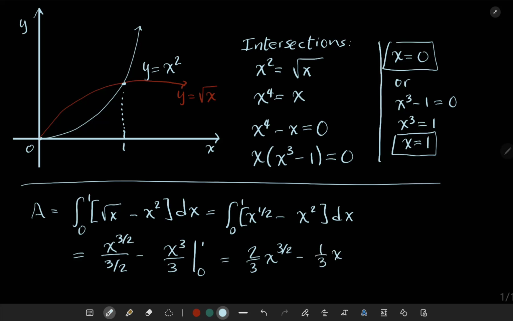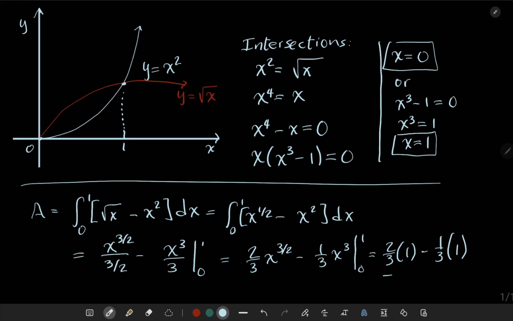of x cubed. So when I evaluate between 0 and 1, I plug in my values. I get 2/3 times 1 to the power of 3/2, that's still 1, so I'm just going to write 1, minus 1/3 times 1 to the power of 3, or 1 cubed, which is still 1, and then minus, and I ran out of space, but minus, I plug x equals 0 here.